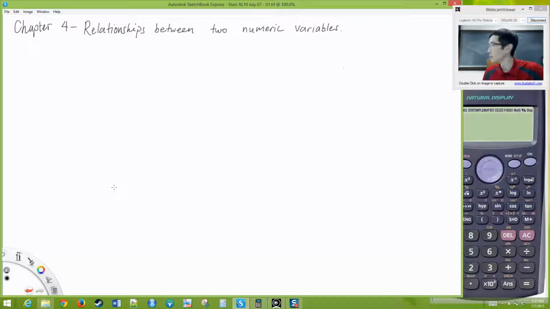Relationships between two numeric variables. Let's talk about that. So in Chapter 3, we looked at just describing numeric variables with, what do we call these things? Like the mean and the median, the standard deviation. What are these things called? Descriptions of spread.